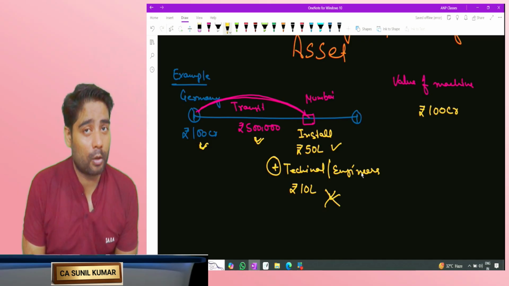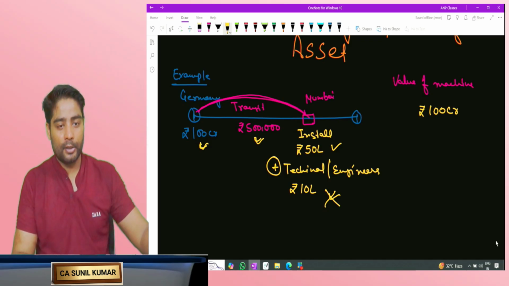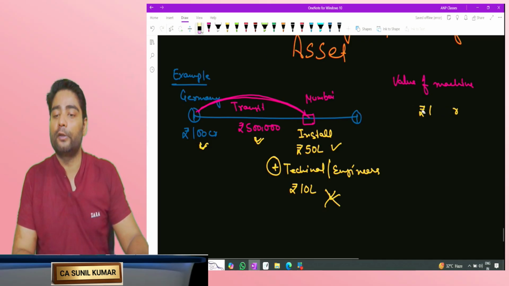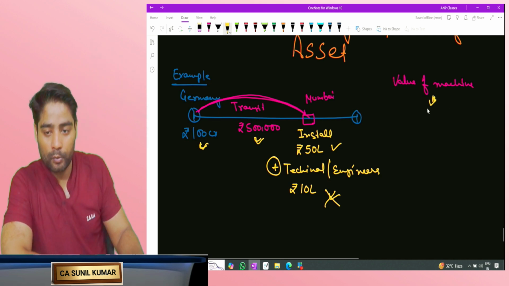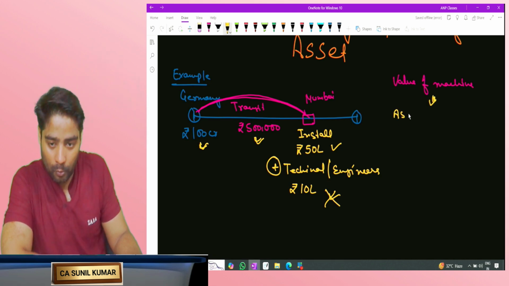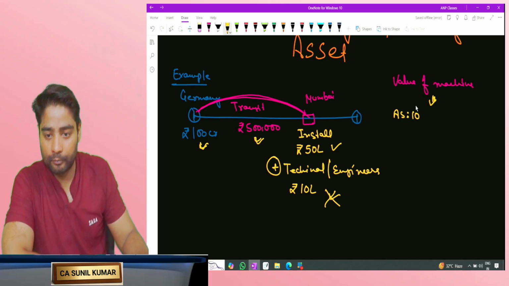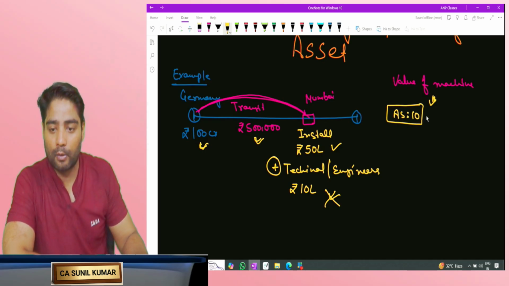So what will be my cost value of machine? To find out the value of machine, we have to go to accounting standard. Which accounting standard, sir? We have to go to accounting standard 10, that deals with fixed assets.